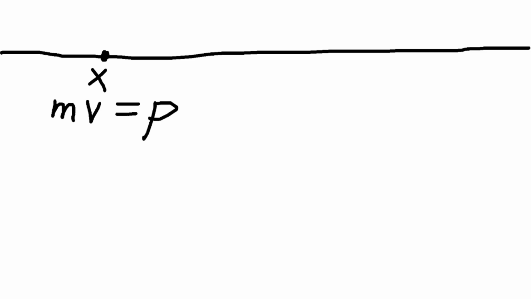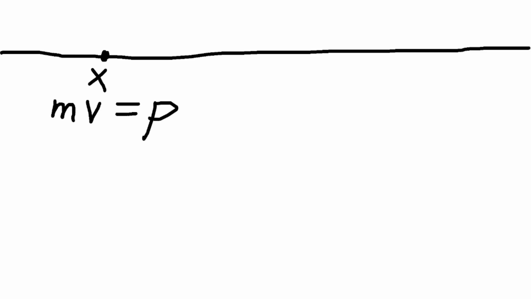And if you want to get its speed from the momentum, you just divide it by the mass. So what is the uncertainty principle? Well, the uncertainty principle basically says that there's a fundamental limit to how accurately you can know both the position and the momentum of the particle.